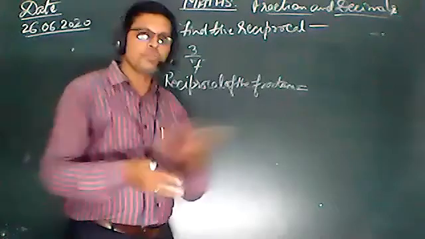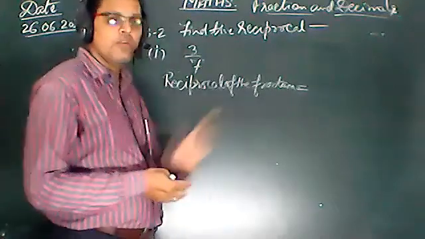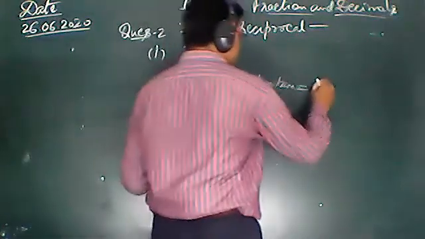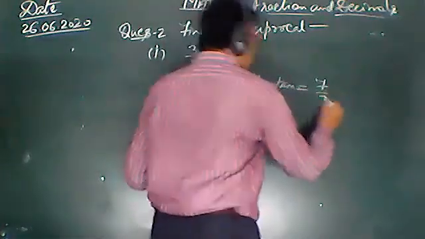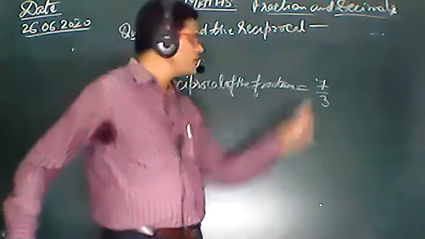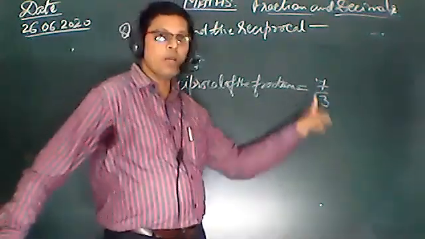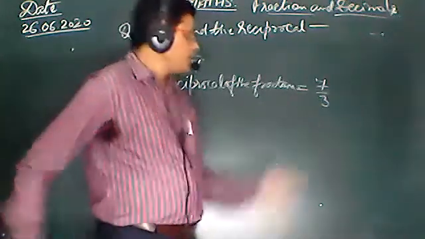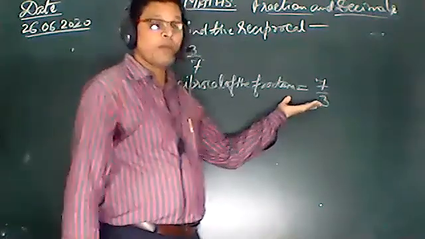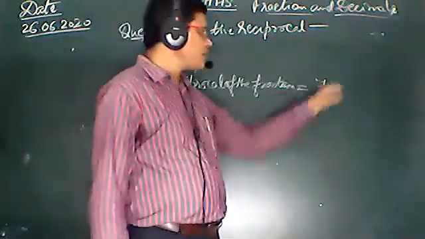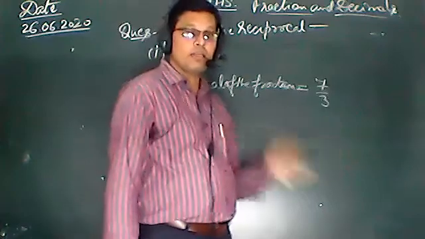Their reciprocal is 7 by 3. Now in this question you find whether it is proper or improper. This fraction is improper because the numerator part is greater than the denominator part.